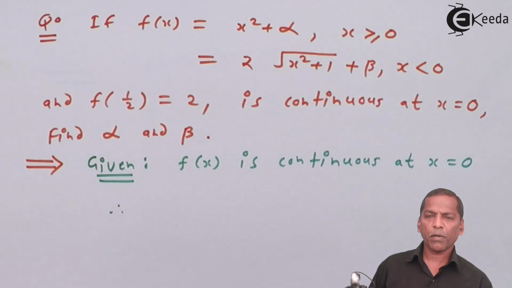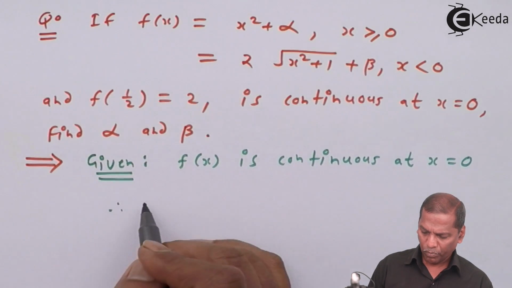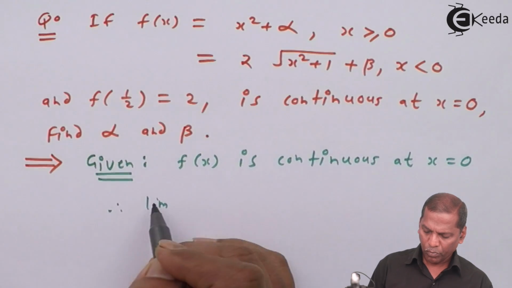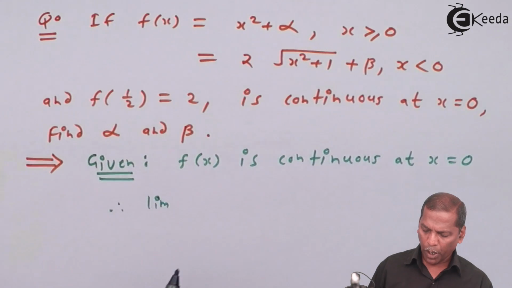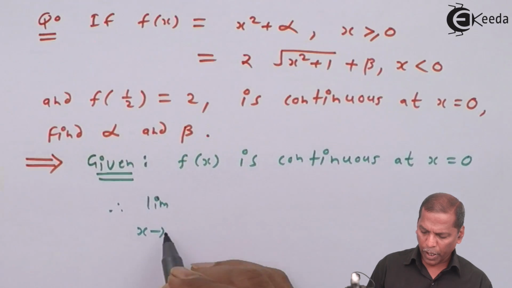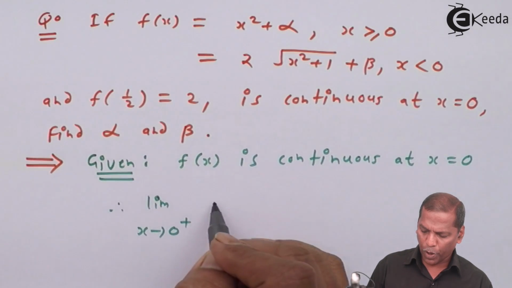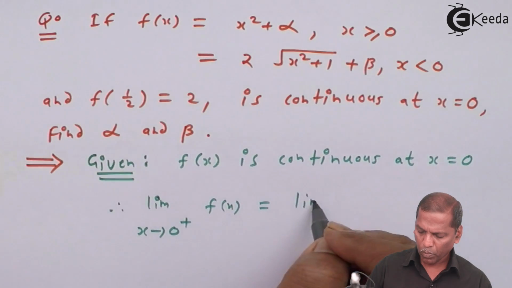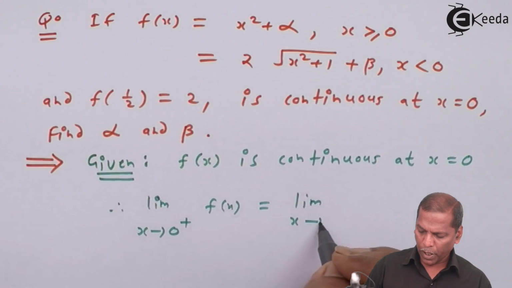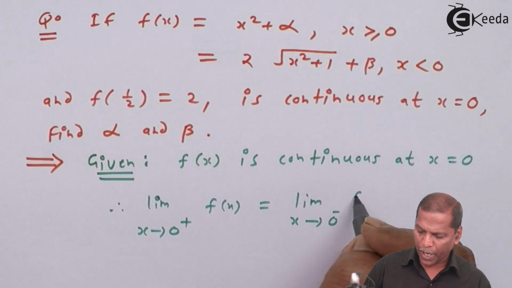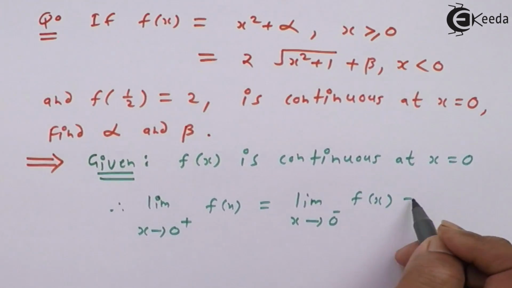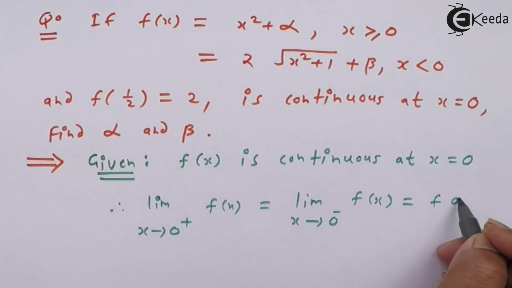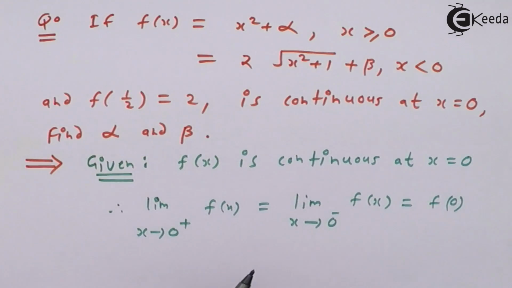Therefore, by using the definition of continuity, limit x tends to 0 plus f of x is equal to limit x tends to 0 minus f of x is equal to f of 0.